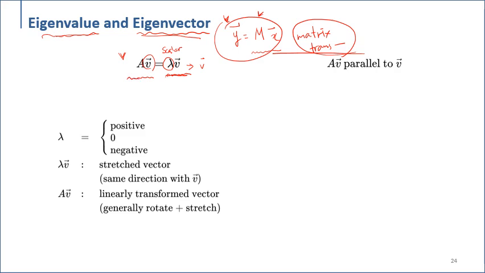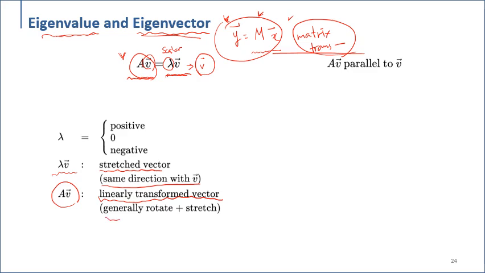So this means the matrix transformation, and this means the scalar multiplication of the vector itself. So we can say lambda v is a stretched or compressed vector while keeping the same direction as vector v itself. And Av can be represented as some linearly transformed vector because we interpret this as a matrix transformation.